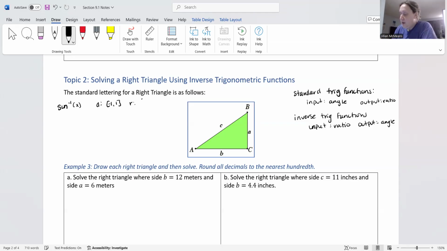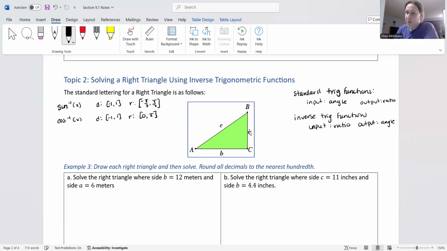And for the range, we could only consider angles from -pi/2 to pi/2. This stuff isn't going to be as big a deal, but there is a situation in the next section where we need to be very mindful of the domain. For inverse cosine, the domain is again -1 to 1, and the range was 0 to pi.